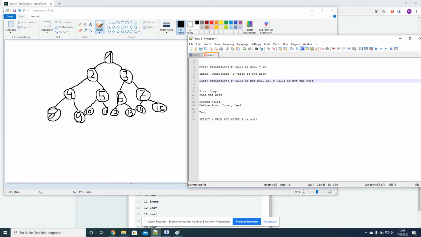So the leaf definition is the p value at the leaf, for example 15, is not a parent to anyone.